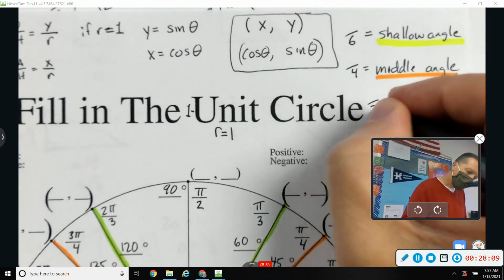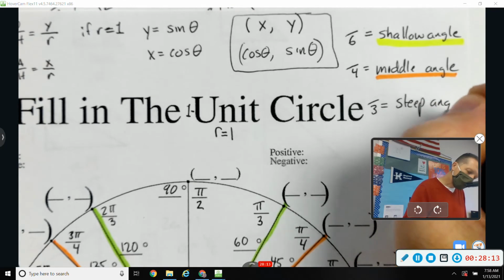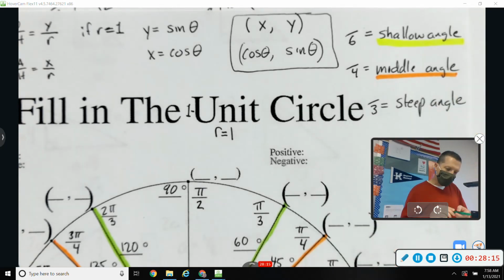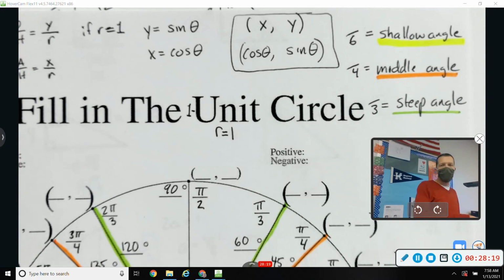And then the over 3 are always the steep angles. So whatever color you use for over 3. So anytime you have to graph anything over 3, you know it's going to be a steep angle in the quadrant.